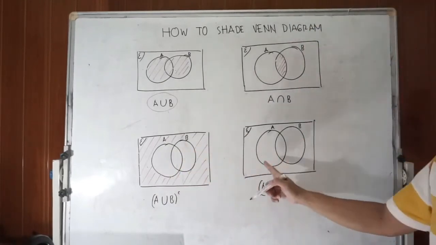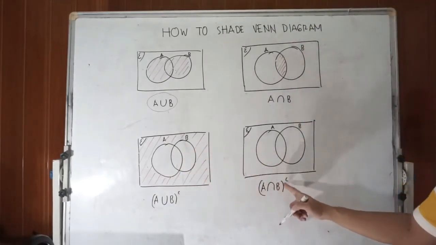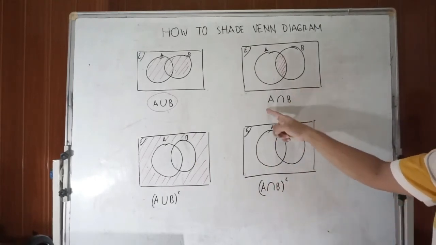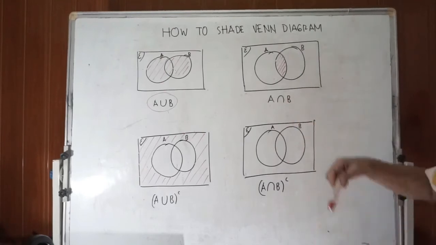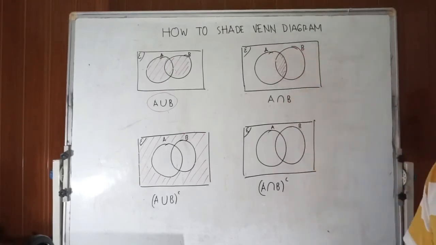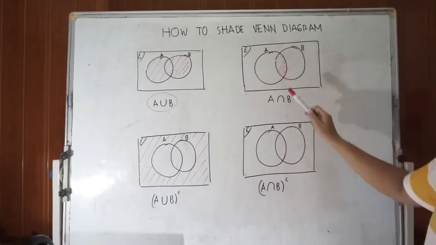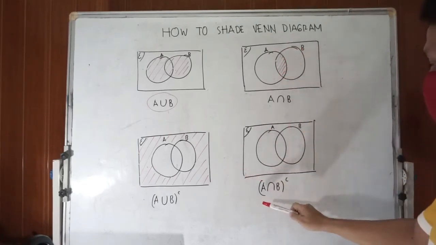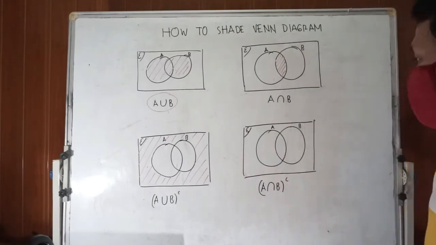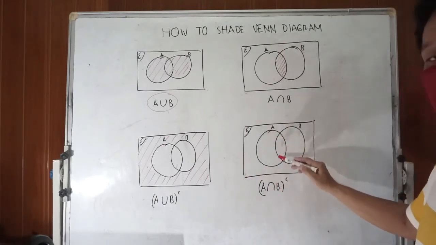Next, number 4. A intersection B complement. As listed above, A intersection B is in the middle because set A and set B have the same element. But for this case, A intersection B complement means out of the middle.